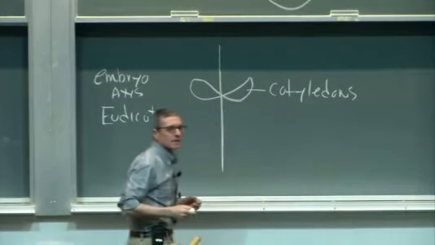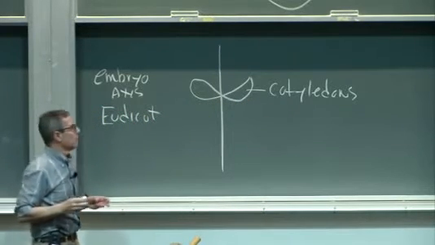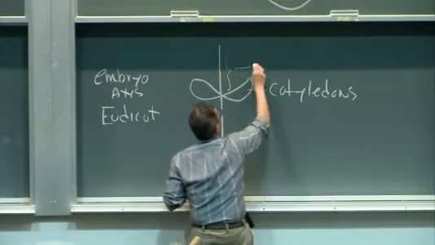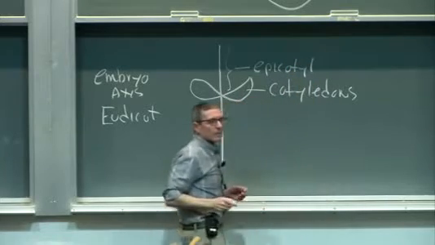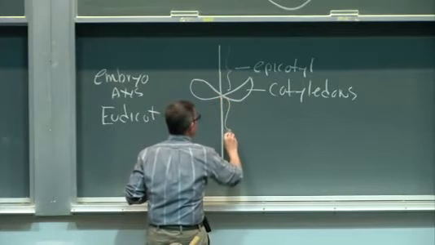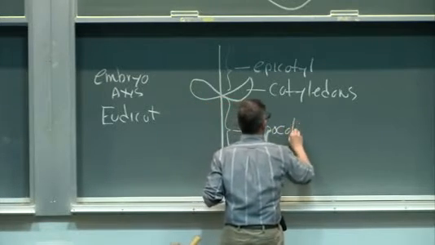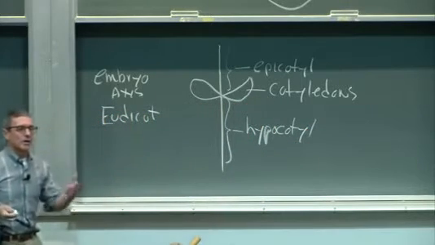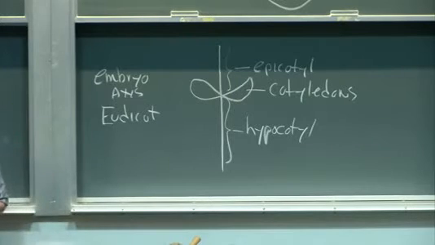Cotyledons on the axis, and a couple of landmarks that you need to know. The region above the cotyledons, because we're going to talk about this, is known as the epicotyl. Above the cotyledons. And the region below the cotyledons until we get to the root is known as the hypocotyl. Just to be able to talk about whether you're above or below the cotyledons. And this is important for a lot of developmental work.